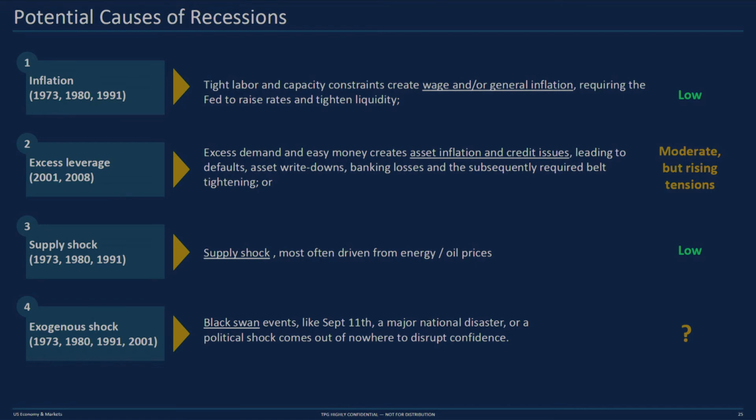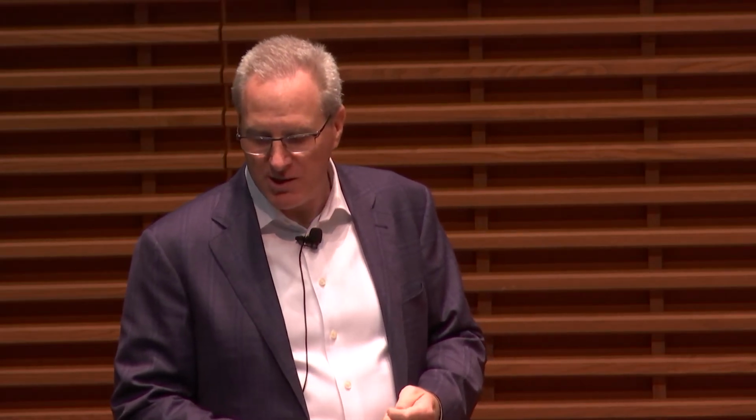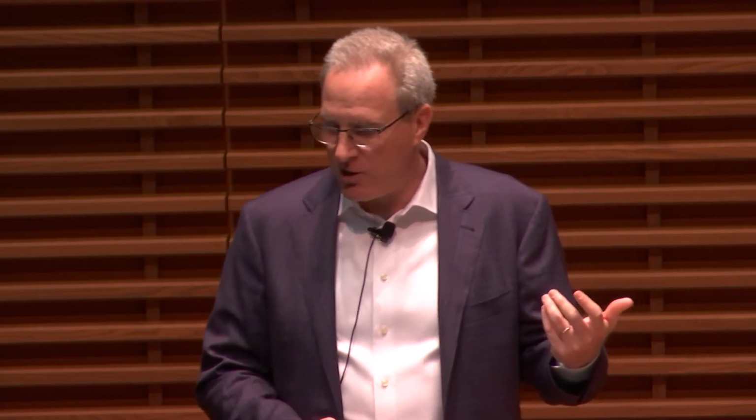Think about the hair salon, or the dry cleaner, or the local restaurant. So there could be some stress coming that creates defaults, that creates liquidity issues for small businesses and even large businesses that have too much debt. We talked about energy. That's not an issue in terms of a supply shock.